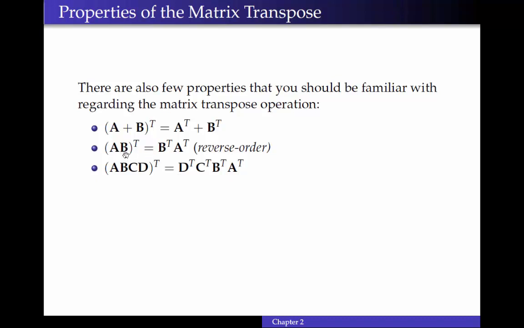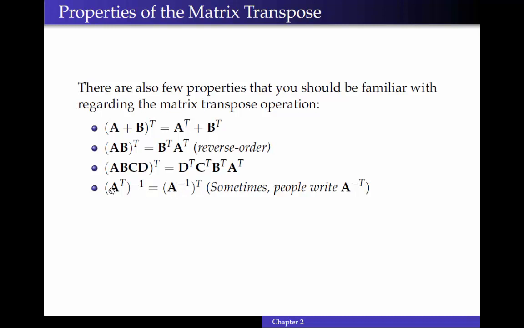And that will be true not just for two factors in a product, but for as many as I have. So if I have A times B times C times D transposed, well, to compute that, I would reverse the order of everything inside these parentheses. So I have D transpose, C transpose, B transpose, A transpose. Okay, so this is a very important property.